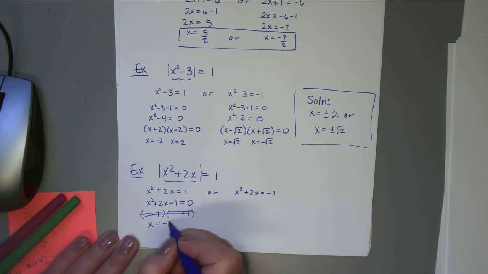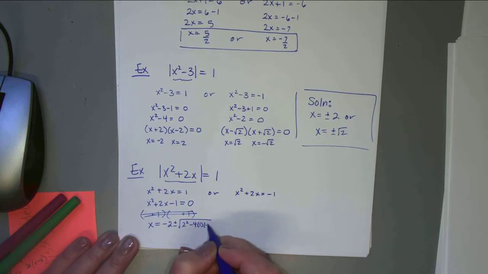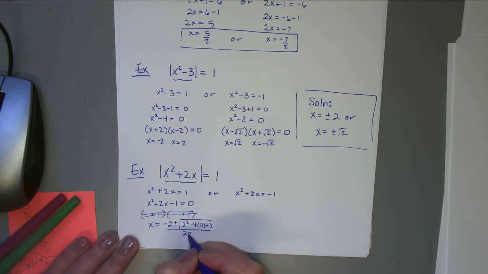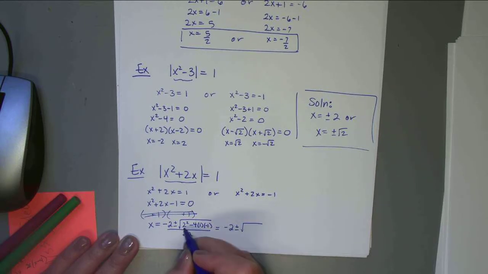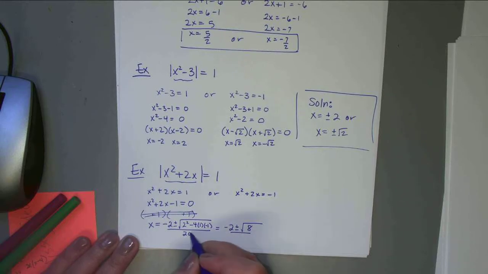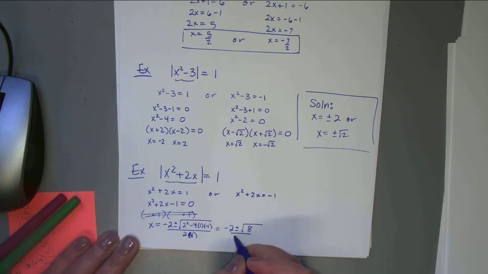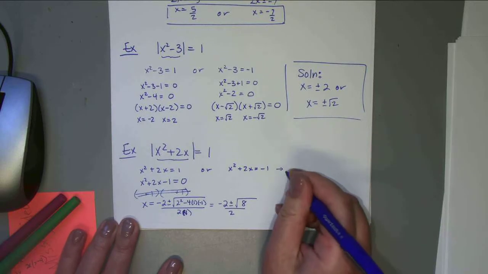So minus b plus or minus square root of b squared minus 4 times a times c all over 2a. So 4 plus 4 is 8. Oh, 2a. A was 1. So 2. Okay, I'll do this one on the next page.